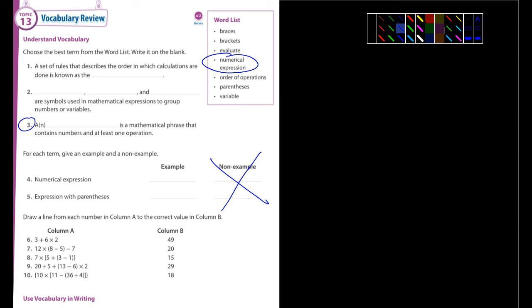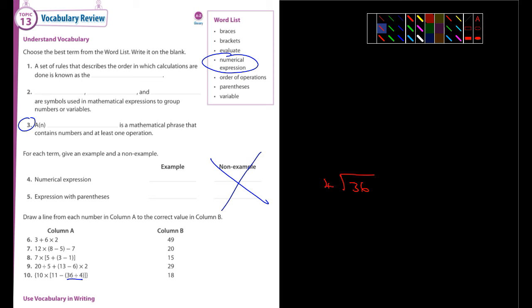Down below it says draw a line from each number in column A to the correct value in column B. Well, how about number 10 here? We could evaluate that. Let's see here, 36 divided by 4, because that's within parentheses, parentheses within parentheses. And so I could just come over here and I'll write 36, if you don't know it off the top of your head, divided by 4.